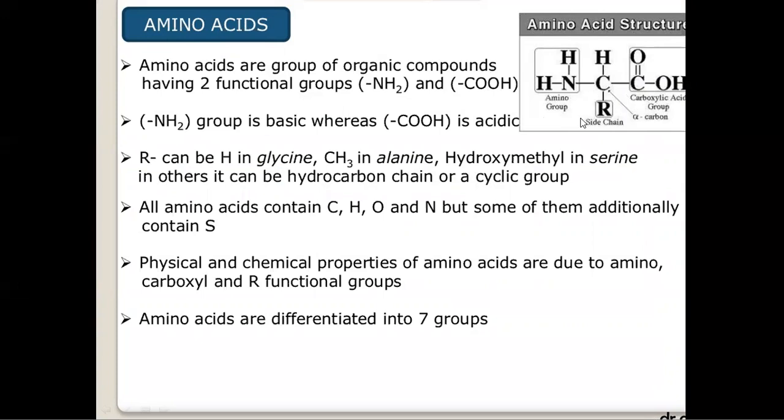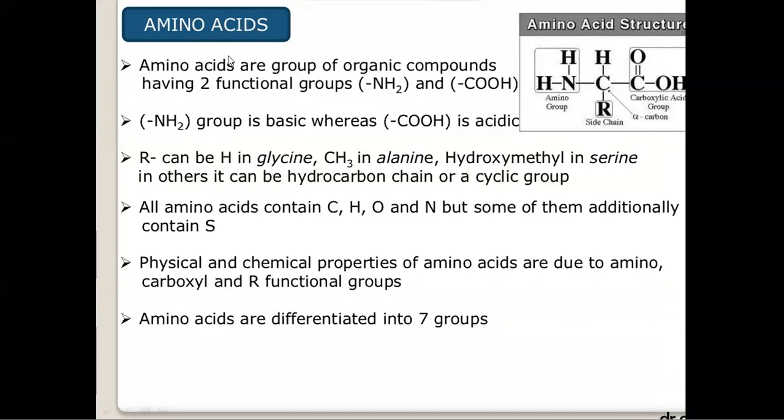An alkyl side chain is also present. If the side chain R is replaced by hydrogen, the amino acid is called glycine. If R is replaced by a methyl group, it is called alanine. If R is replaced by a methanol group, it is called serine.